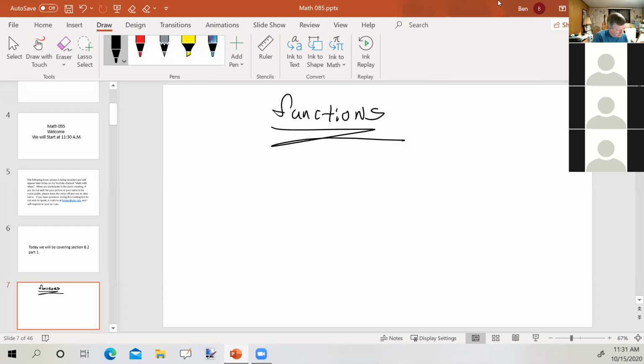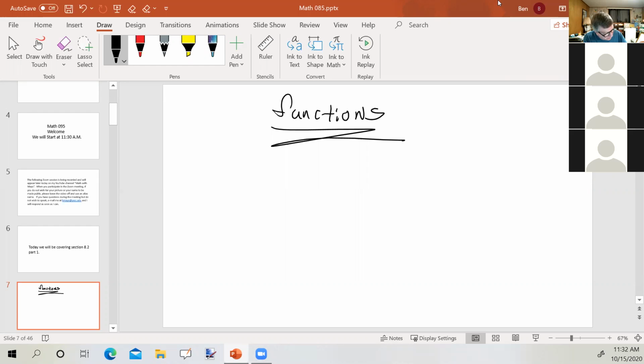And I'm going to start out with reading a definition out of the book. It says, a function is a set of ordered pairs in which to each first component, there corresponds exactly one second component.